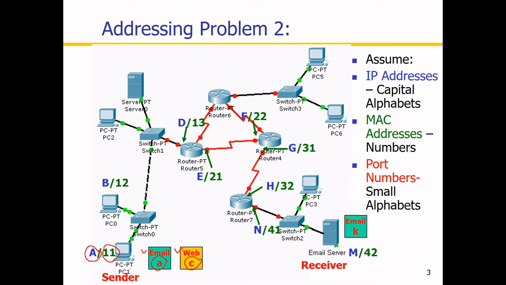All right, and the port number for email on the receiver is K. Okay, so these are basically port numbers. And in the problem, it's mentioned that the sender is trying to send an email to the email server.